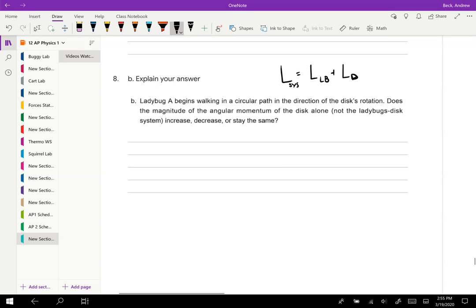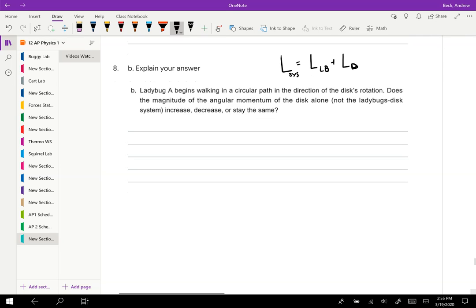So the ladybug begins walking in a circular path, which means that the ladybug's angular speed is going to increase. If we look at this overhead view, it's going to begin covering more radians each second because it'll be going along with the disk.